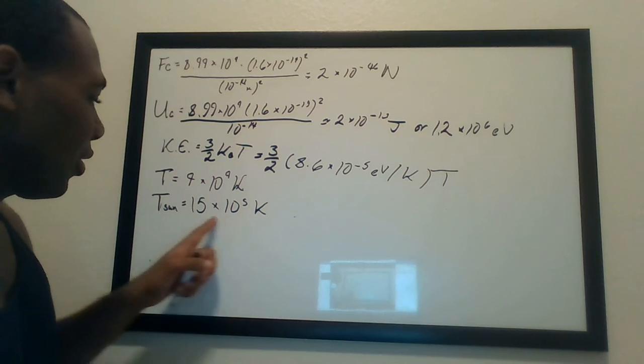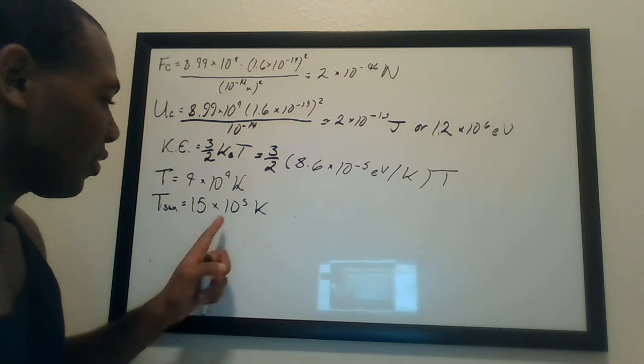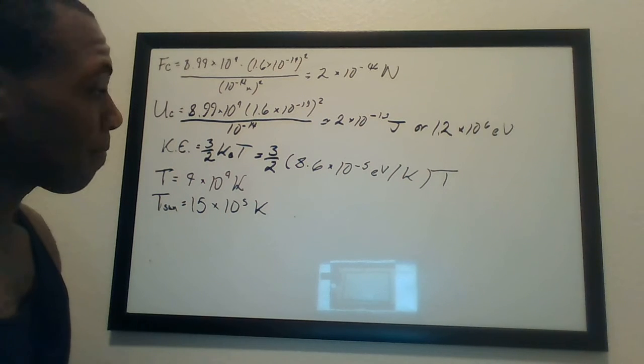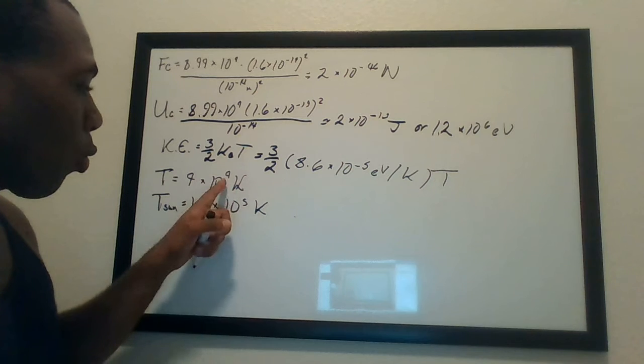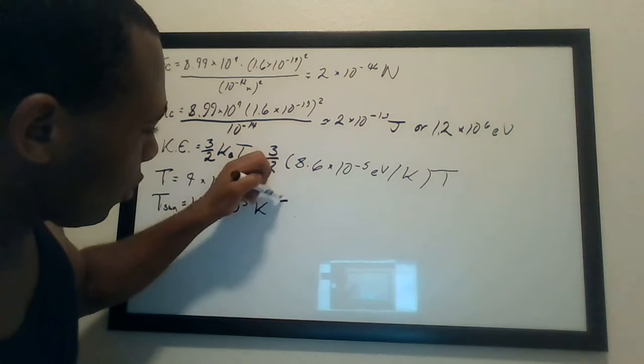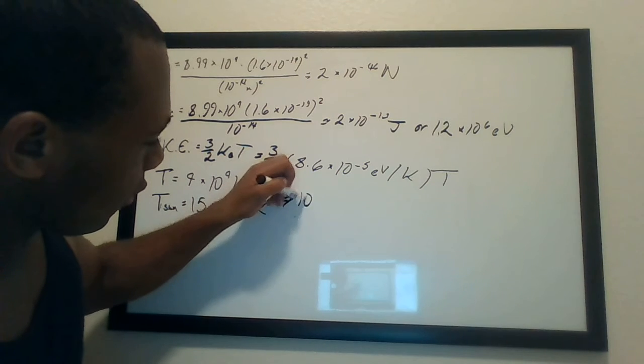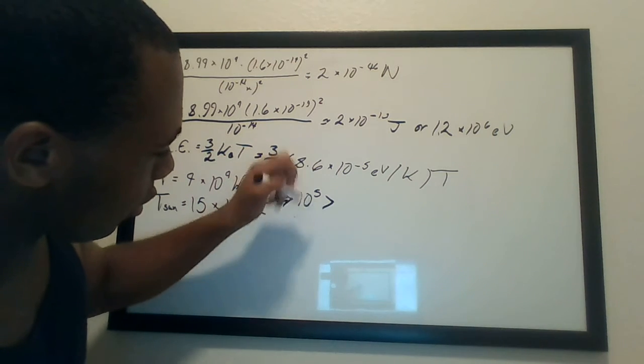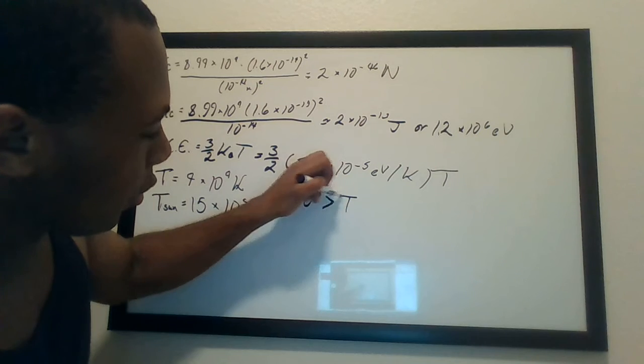The temperature of the sun is 15 million. This is 10 to the 5th. This is 4 orders of magnitude greater. No, almost 5 orders of magnitude. 5 orders of magnitude greater than the temperature of the sun.